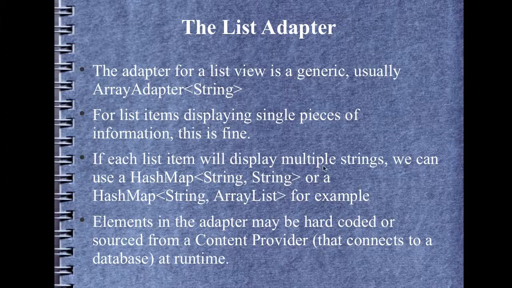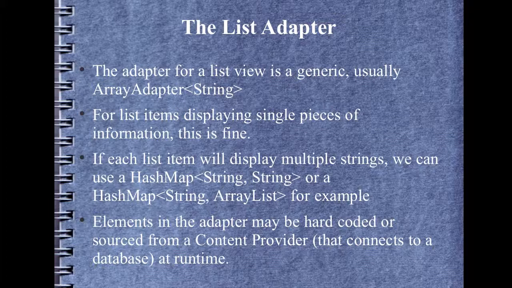Or if we want an even more complex view, a hash map of string and then an array list, for example, and this will give us a key value where the values are an array that we can use to populate our items list.